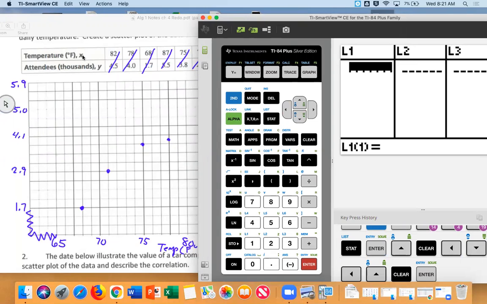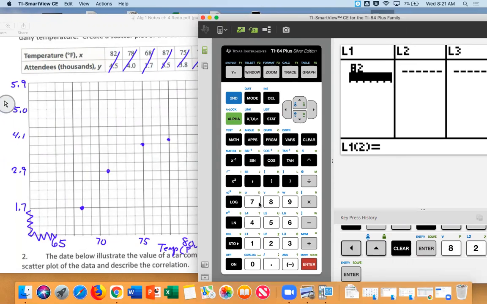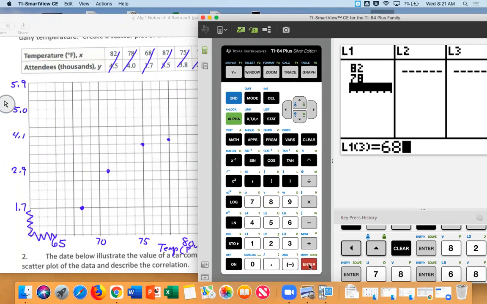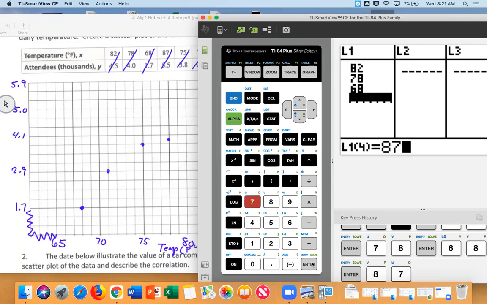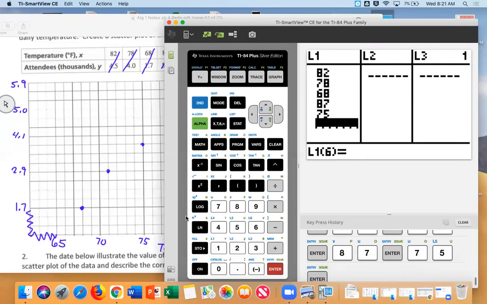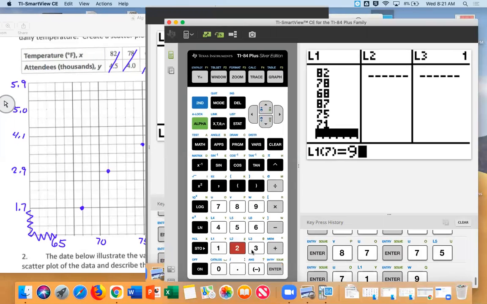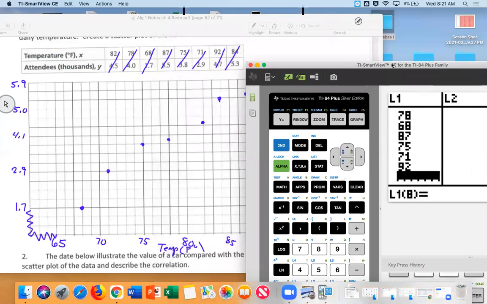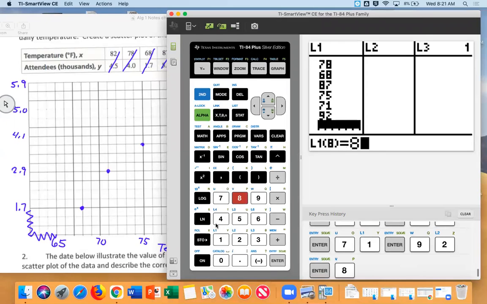We're going to do the temperature. The top row is my X. That goes in first: 82, 78, 68, 87, 75, 71, 92, and 84.